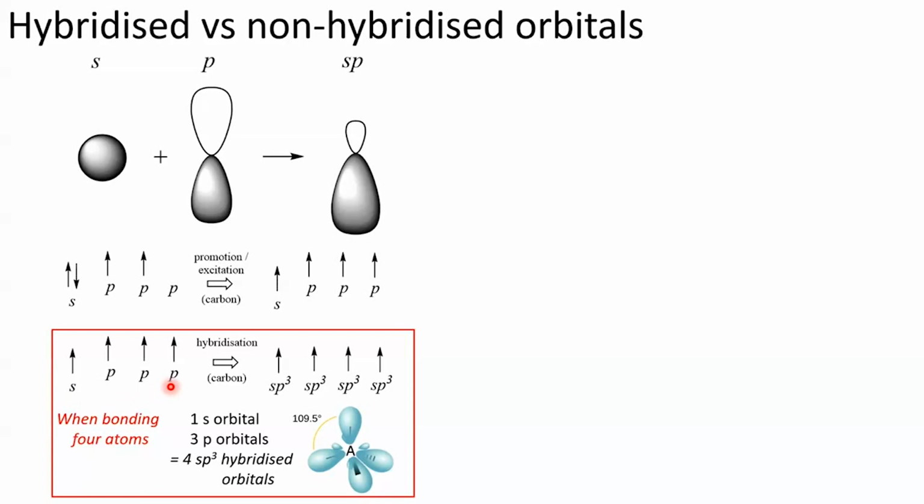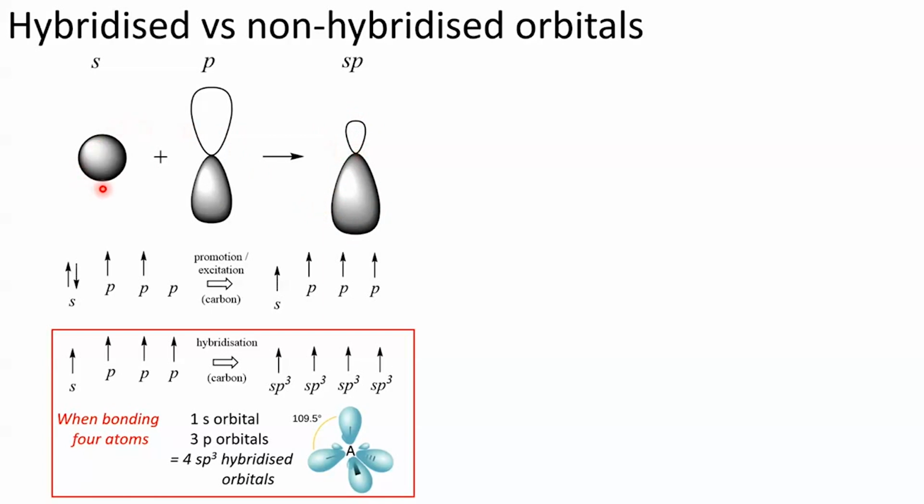And to create an sp orbital, we take our s orbital, we overlay it over the top of our p orbital, and wherever the phase of the electrons overlap, they constructively interfere. So if we imagine the dark coloured aspects of these orbitals are negative and the light coloured parts are positive, the s and the p dark regions overlap and get larger to give you this orbital here, while the p orbital shrinks and gets smaller.